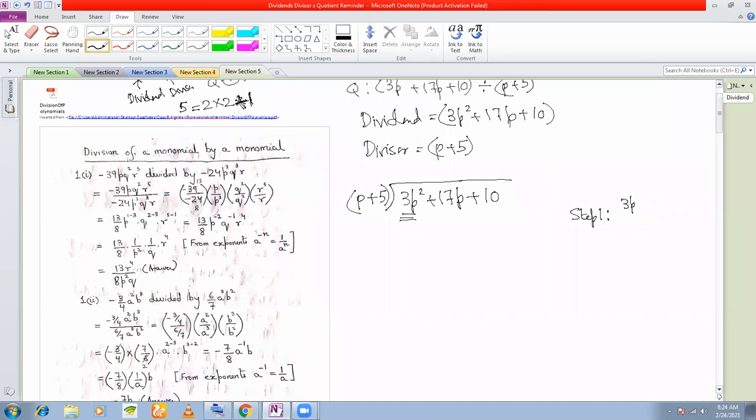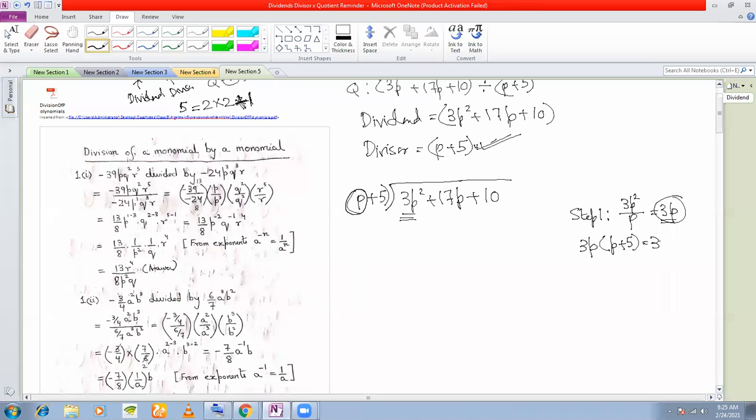The 3p square, the leading term or the first term of the dividend, you will divide by the first term of the divisor, which is p. So how much do you get? 3p. Now that you're getting 3p, you see this divisor here, p plus 5. This 3p you will multiply with the divisor, 3p into p plus 5.